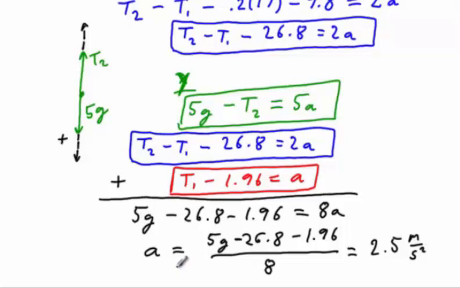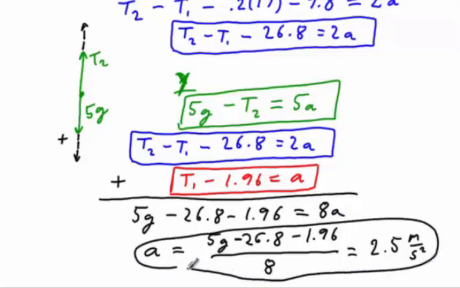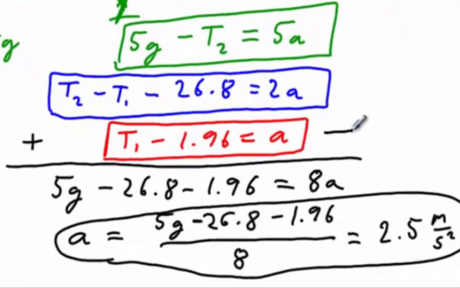Now that I've got my third answer for the acceleration, what I can do is plug it back into one of my final three equations to solve for tension 1, and then similarly to solve for tension 2. The simpler of the three equations are the red and green ones. The last red equation is the one that I can use to find tension 1.